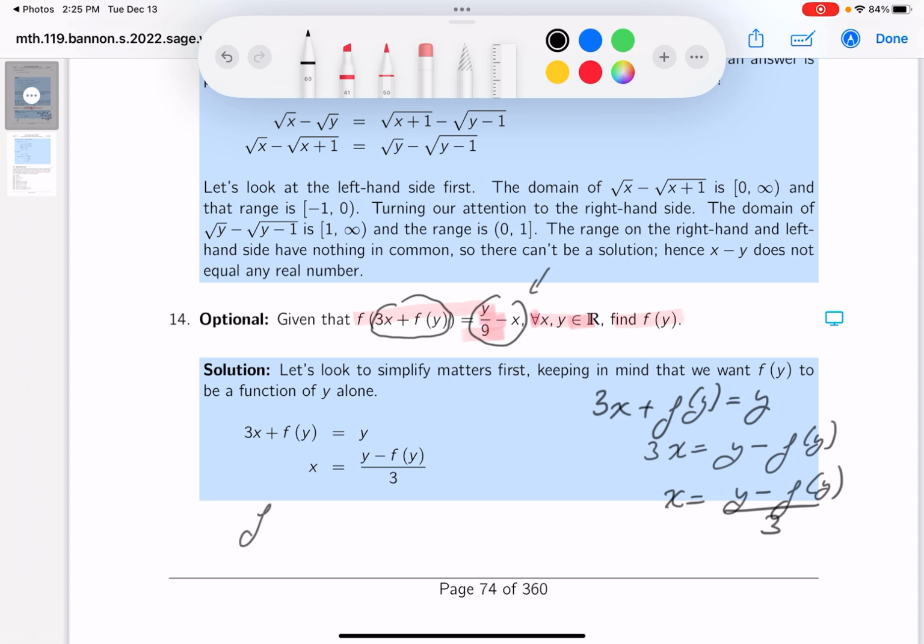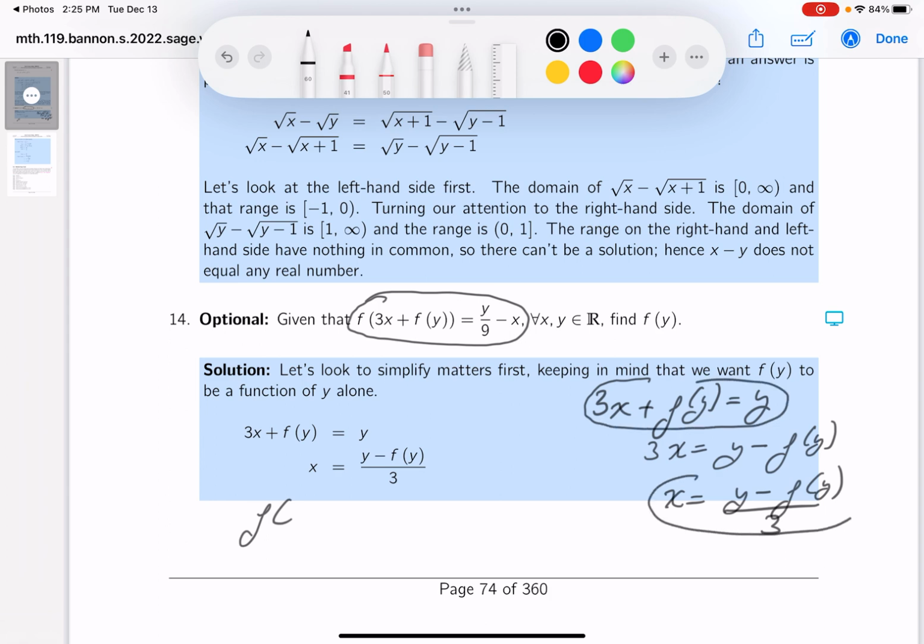So we got f of, again, I want to point out where we're plugging in, with the understanding this and this are going to be used now. So I do get f of y because 3x plus f of y I assigned to be y.